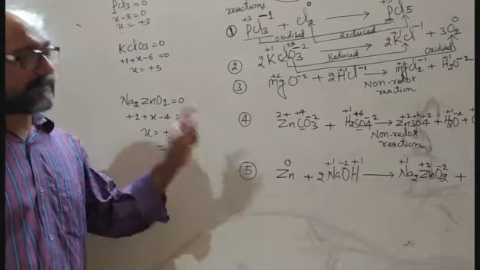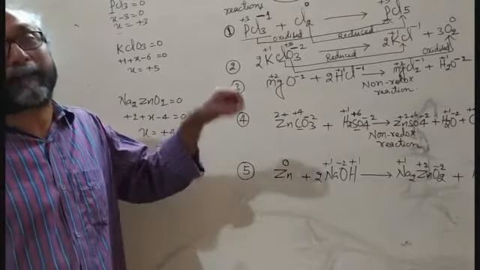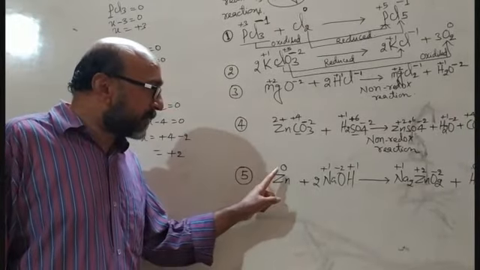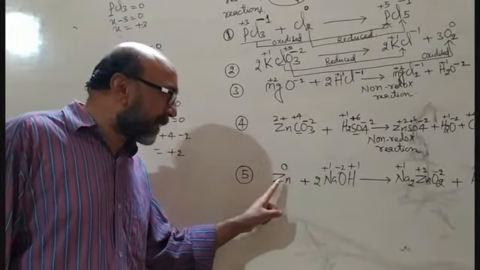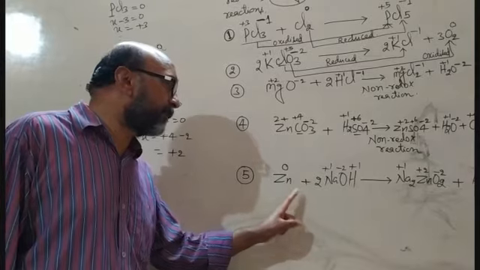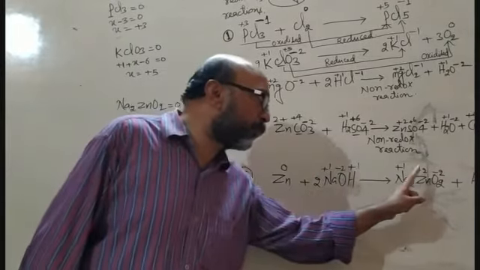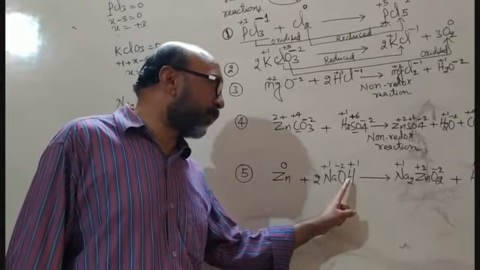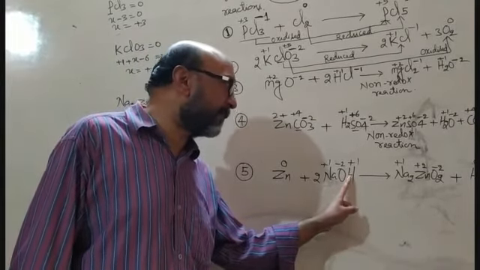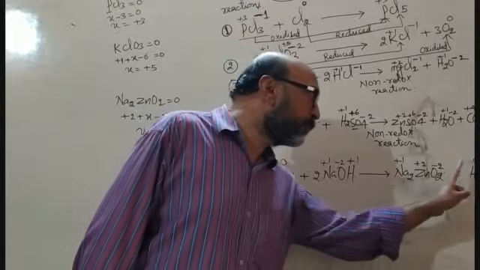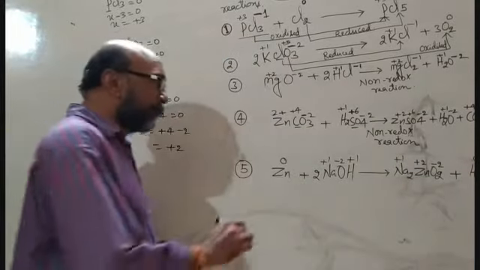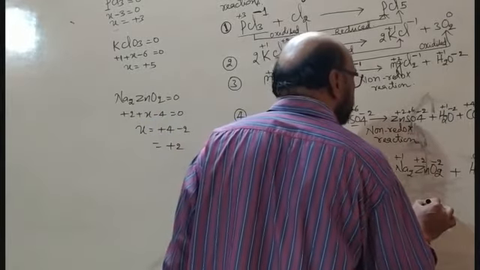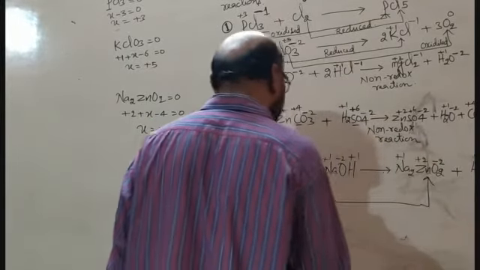Now look into the change. Here change is taking place. The oxidation state of zinc is changed due to this chemical reaction from 0 to plus 2. And the oxidation state of hydrogen is changed from plus 1 to 0. Therefore, zinc is oxidized to form sodium zincate.